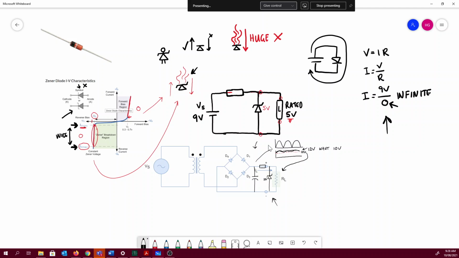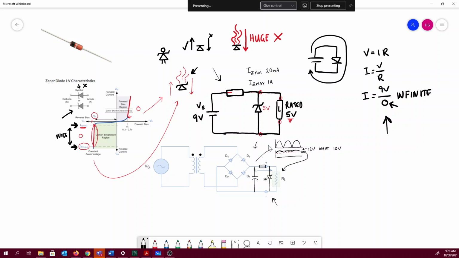So just as an arbitrary example, let's come back up to this example here. Let's say that our Zener diode here has an IZ minimum of, I don't know, 20 milliamps, and an IZ maximum of, let's say, 1 amp.